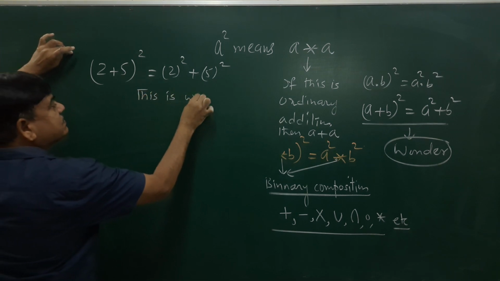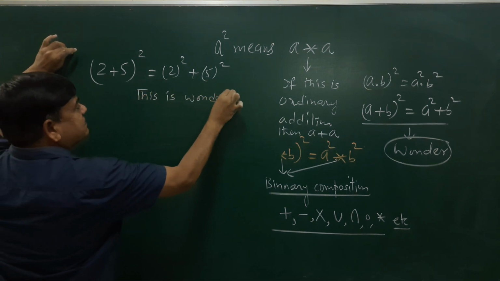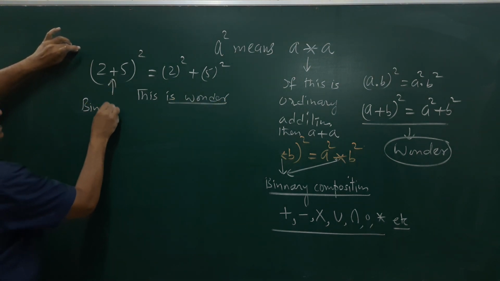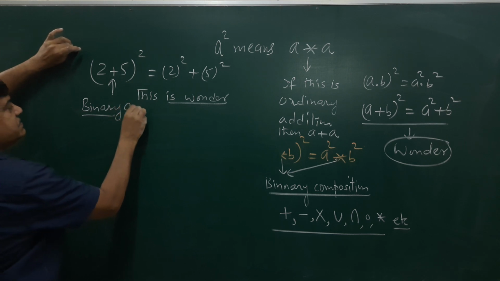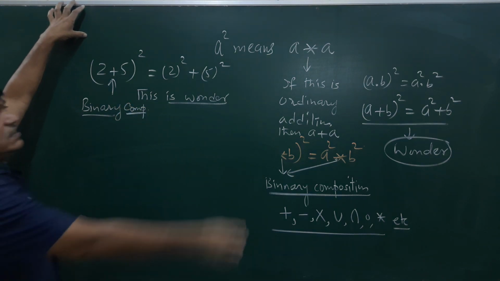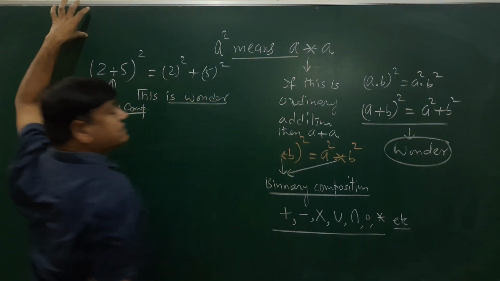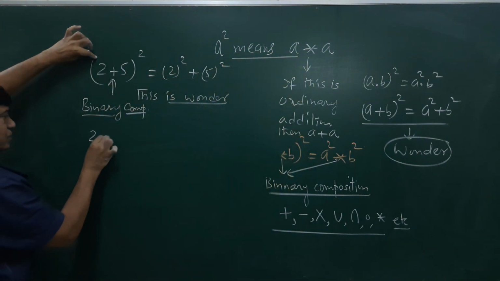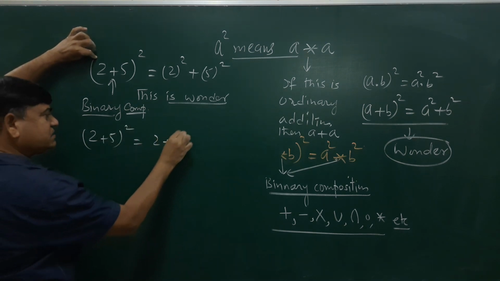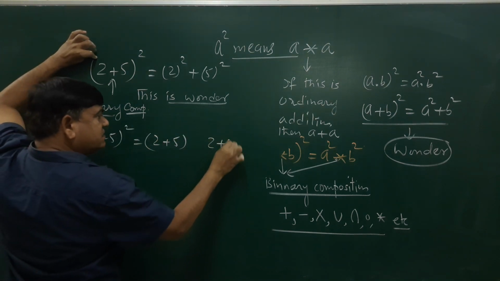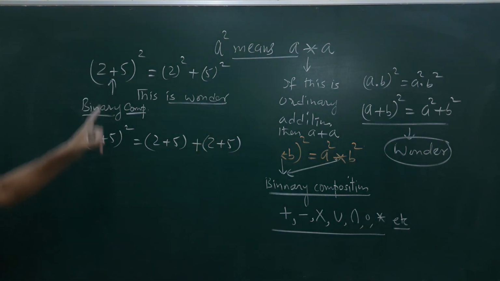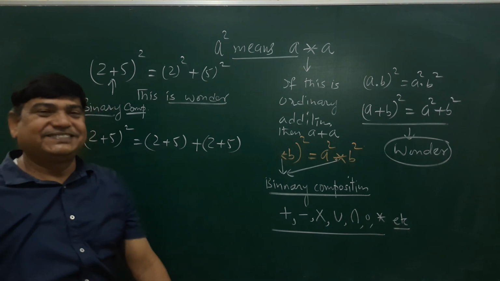Here it is a binary composition, so (2 plus 5) whole square means 2 plus 5 taken twice, not into.